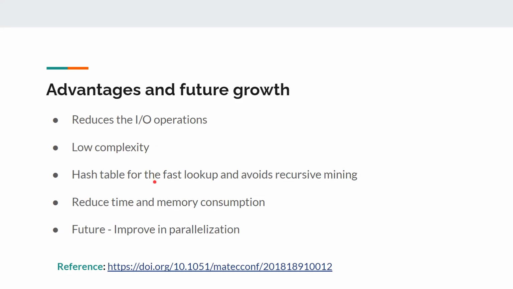And as we have used a hash table, it will help with fast lookup, and it also avoids recursive mining. Overall, this will reduce the time and memory consumption compared to the normal FP growth algorithm. This could be further improved by implementing parallelization in the future.